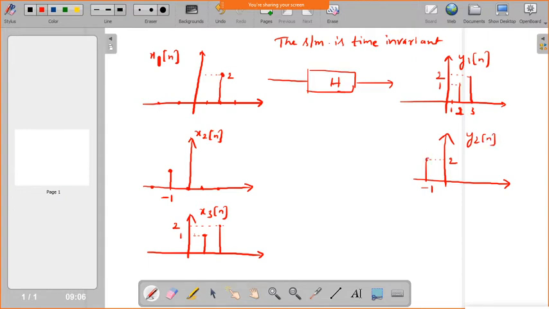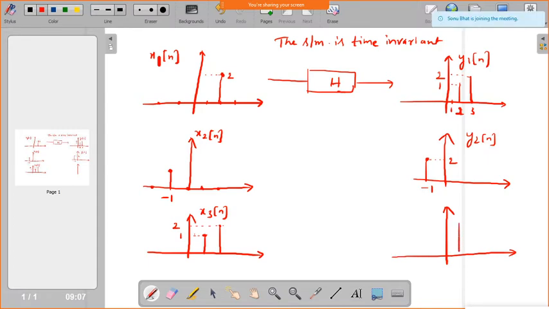In the same way y3 of n is given: at index 1 it has amplitude 2, at 2 it has amplitude 3, and at 3 it has amplitude 1, and all others are 0. So this is your y3 of n.